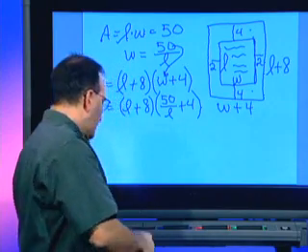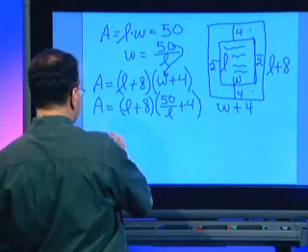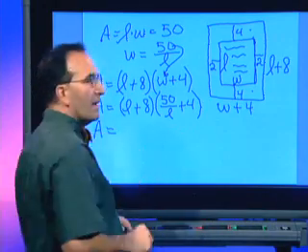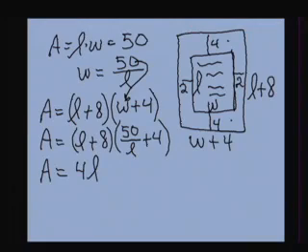And then I want to multiply all of that out and simplify it a little bit. When I do that, I'm going to end up with 4L plus 400 over L plus 82.